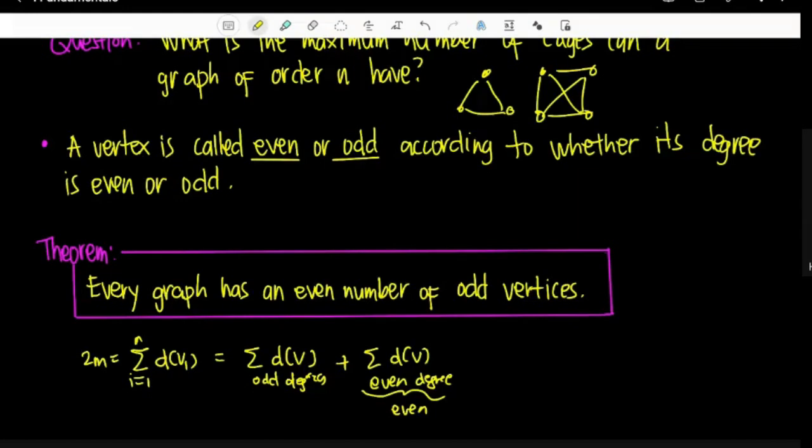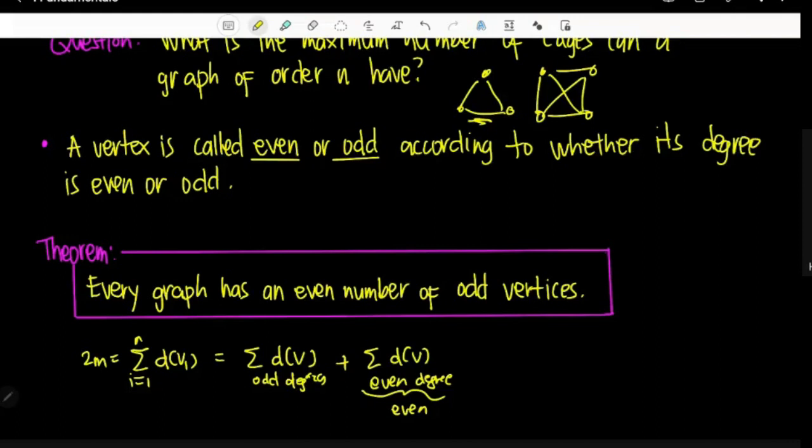So kung magdodrawing ka ng graph, tapos bibilangin mo yung mga vertex na may mga odd degrees, lahat yun, pag tinotal mo, even number of vertices yun. For example, yung triangle natin, this is K3.